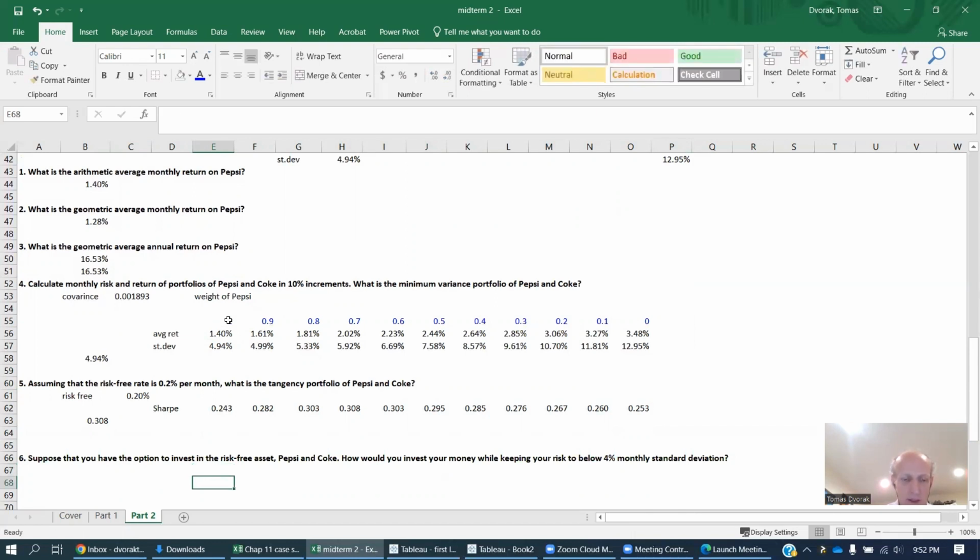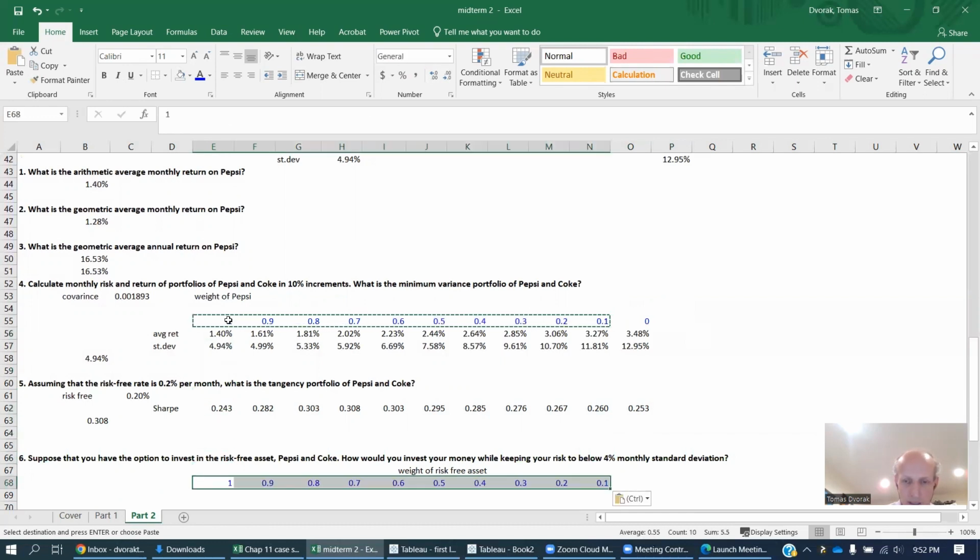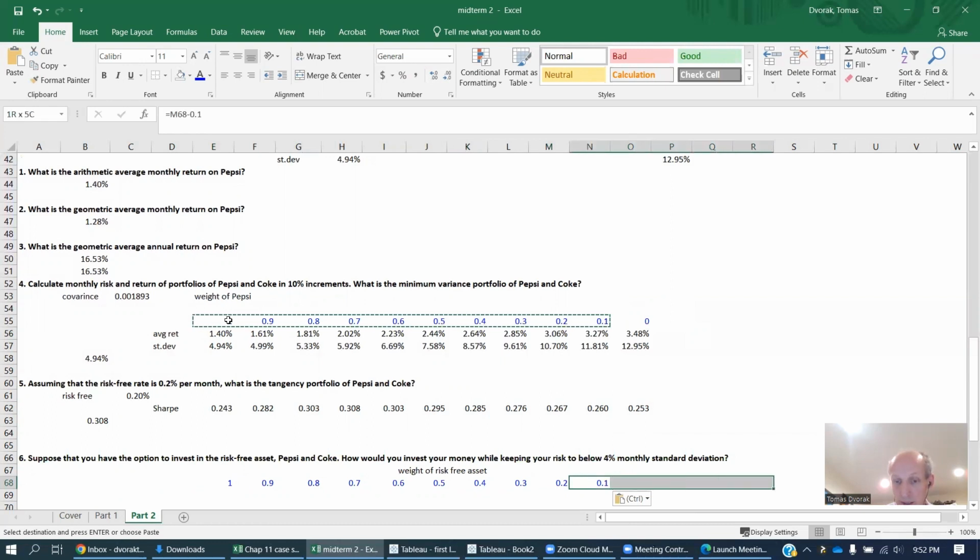Weight of a risk-free asset, and I'll take this, Control C, Control V. I'm actually going to extend this so that we can possibly go into negative as well.